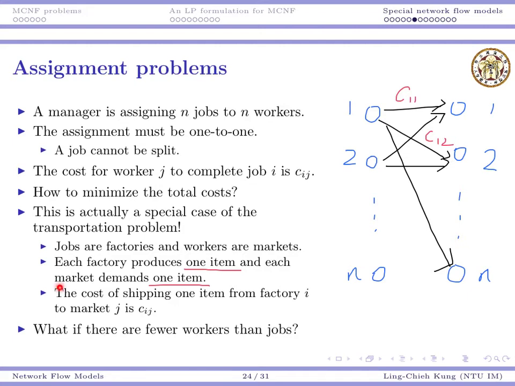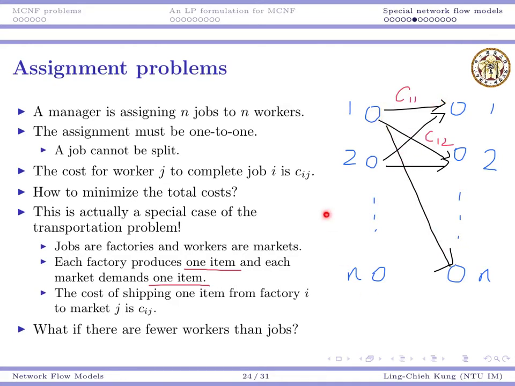So that's why the market demands are all 1. With the shipping cost as the cost for worker j to do job i, we have Cij as the weight for arcs.